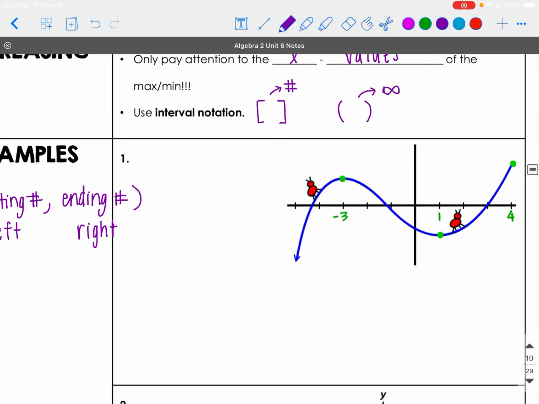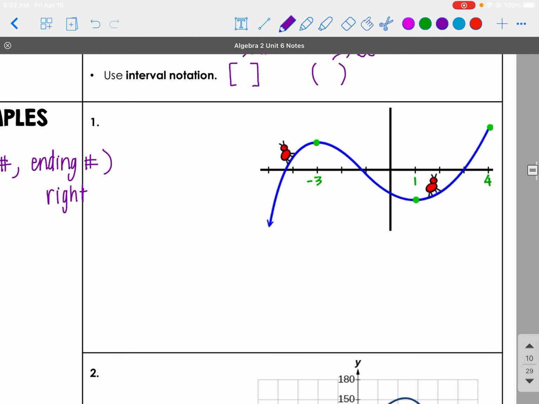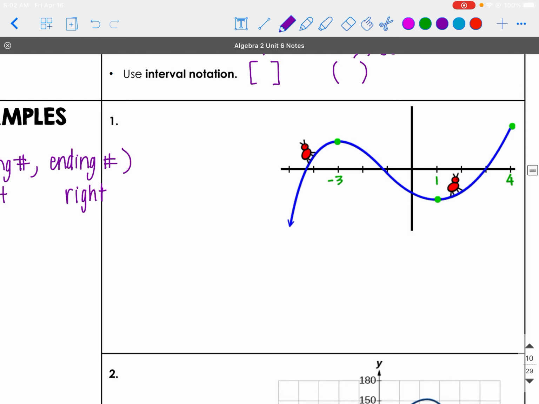So let's look at example number 1. The first thing I want you to do is look for the arrows. If you see an arrow, let's make that arrow really big and really obvious. This graph technically goes this way forever. You just can't draw it forever. Eventually you just got to put an arrow.